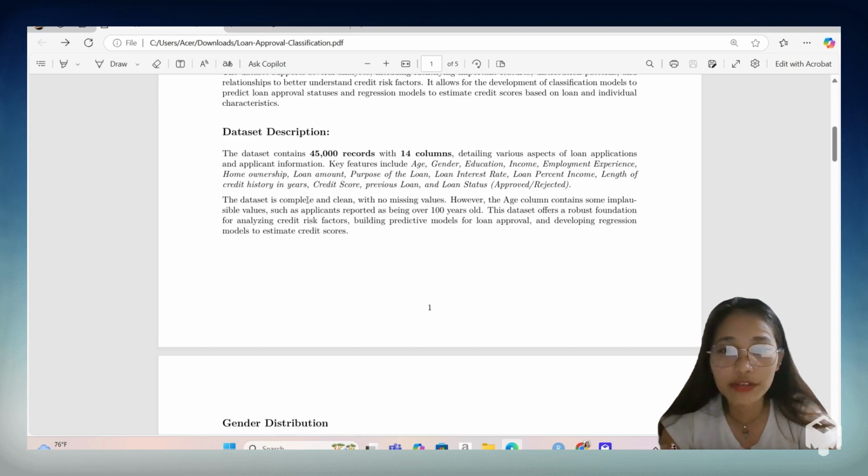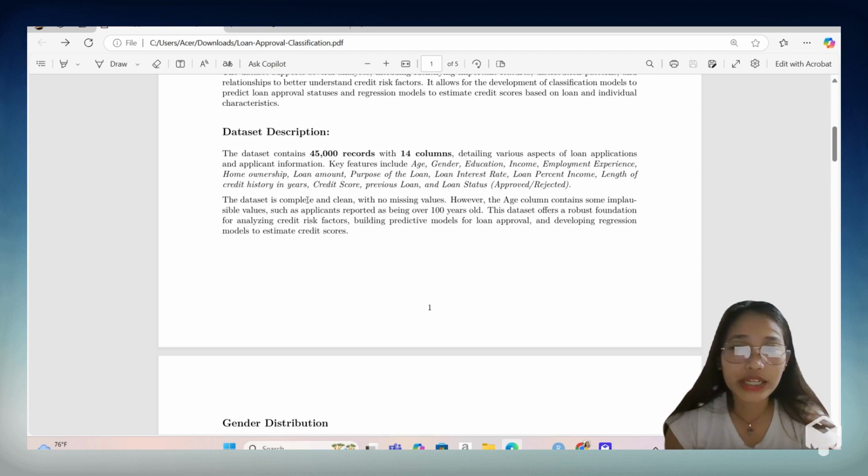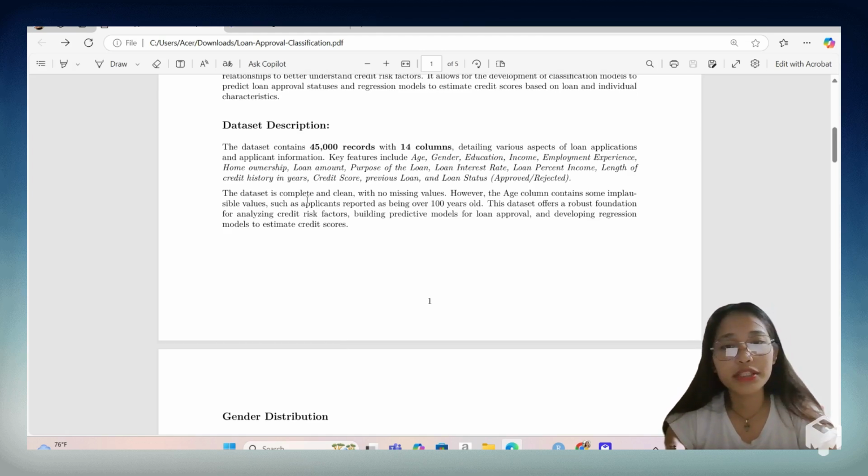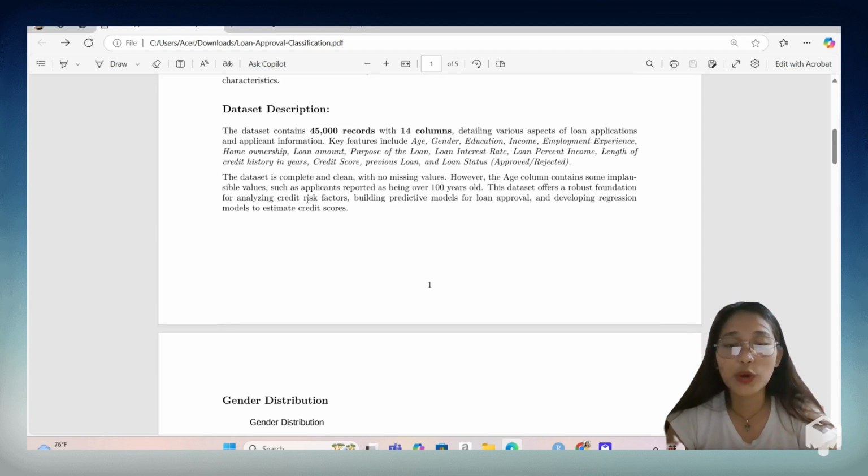However, the age column contains some implausible values, such as applicants reported as being over 100 years old. But this dataset offers a robust foundation for analyzing credit risk factors, building predictive models for loan approval, and developing regression models to estimate credit scores.